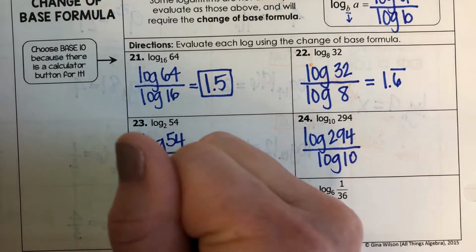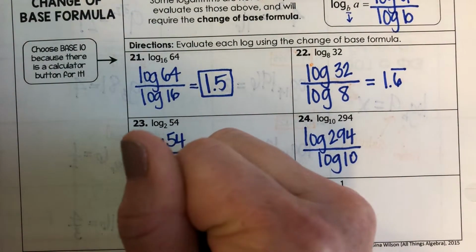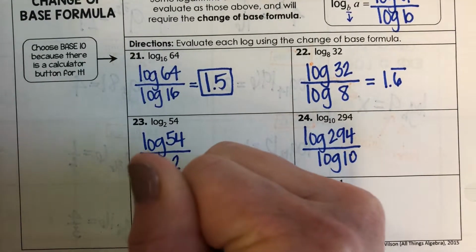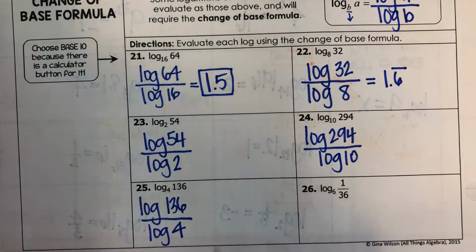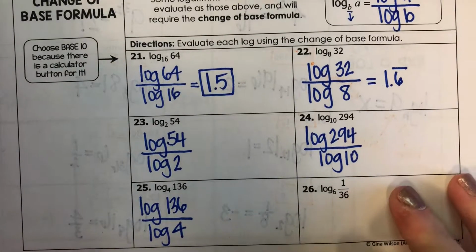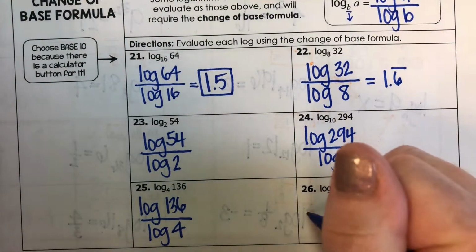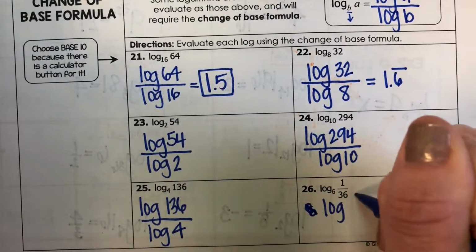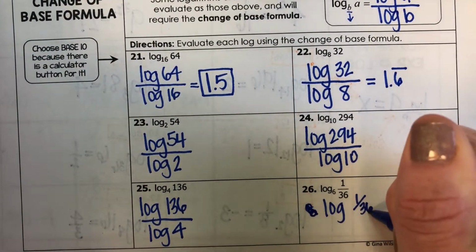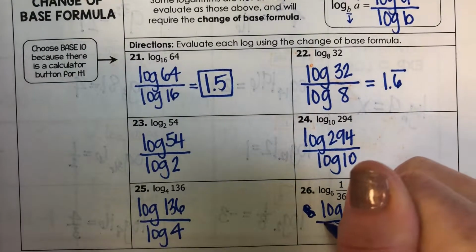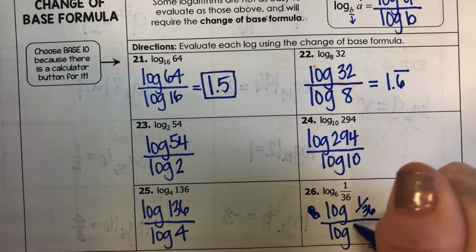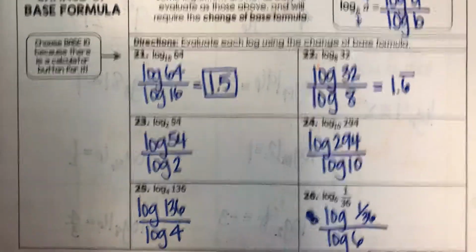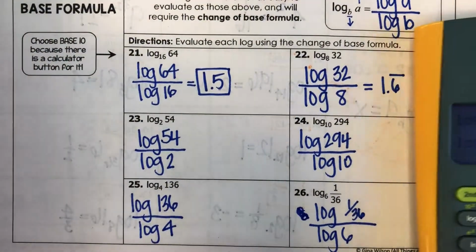For 25, I would do log 136 divided by log 4. Remember, I'm putting my base in the denominator. And then here, I've got log of 136 over log 6. All right, I'm going to use my calculator to help me solve these.